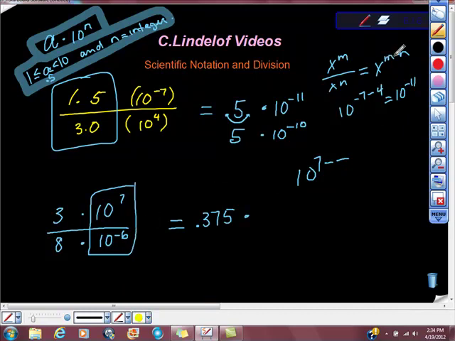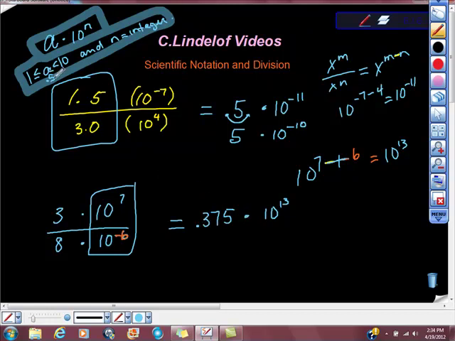It's x to the m minus n. So this first negative sign is the one from the formula. However, we also have negative 6, right? So when we do that, negative is a positive, so we get 10 to the 13th power.